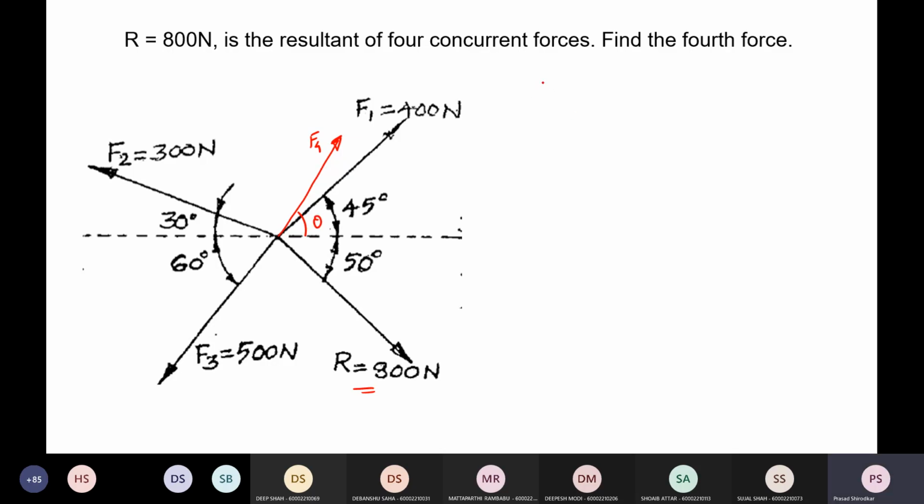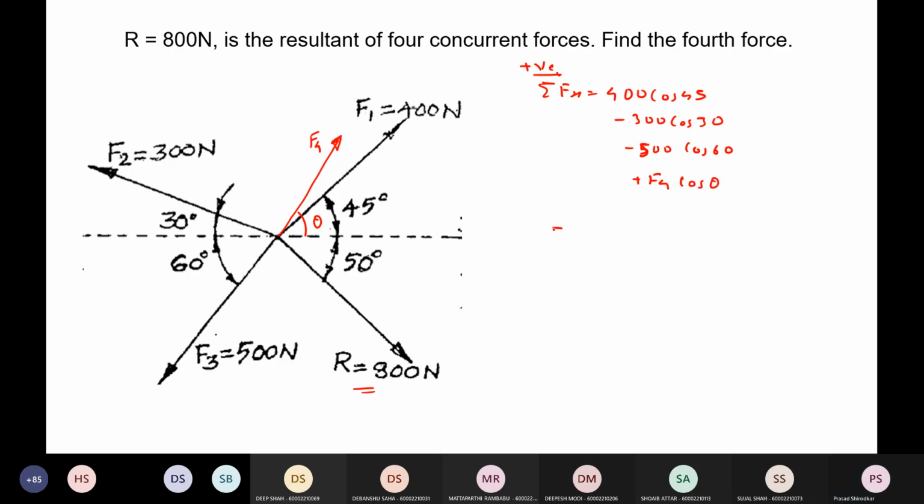So let's do summation fx. Right hand side positive. So that is equal to 400 cos 45 minus 300 cos 30 minus 500 cos 60 plus F4 cos theta.